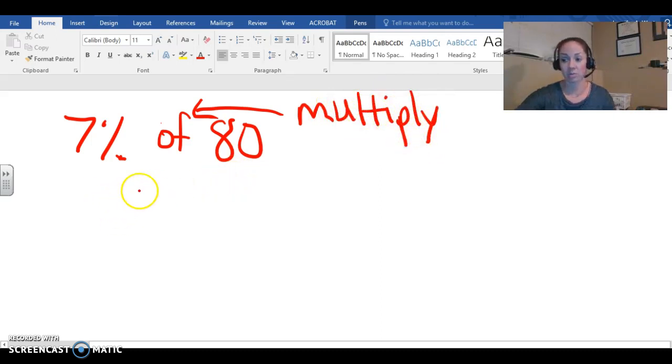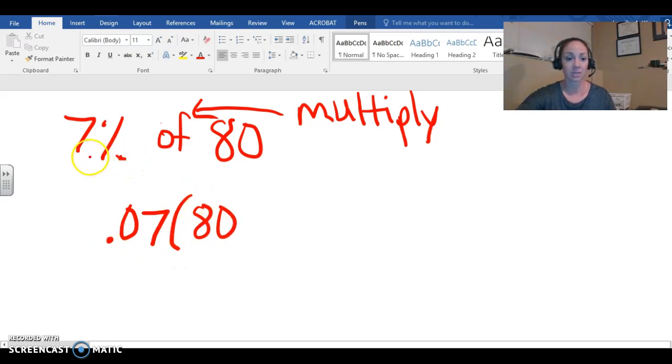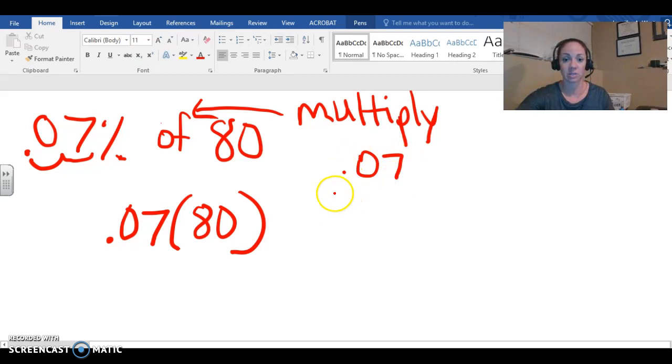So in this problem, 7% of 80, well, we need to multiply 7/100ths by 80, because you just move that decimal point over and add the 0. Except I'm going to stack these things up on top of each other. So 7/100ths times 80, well, 0 times 0 is 0.